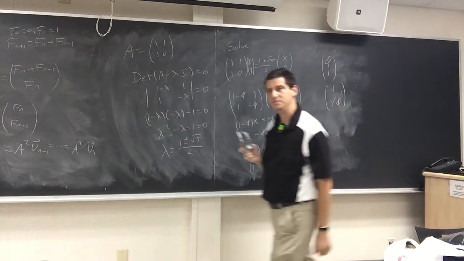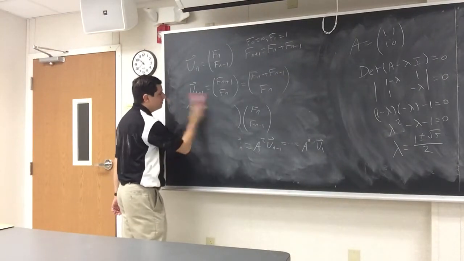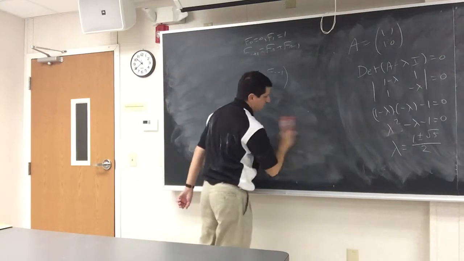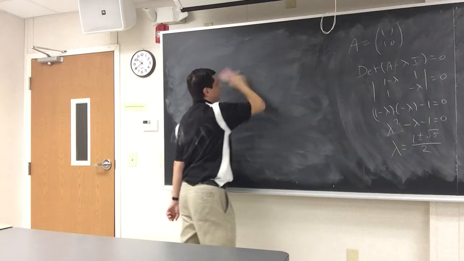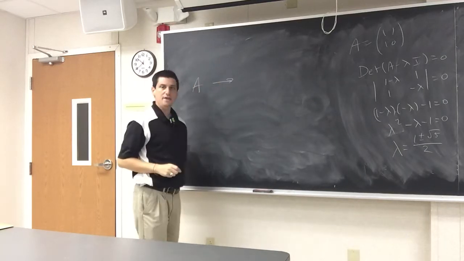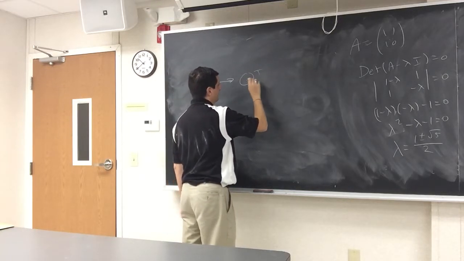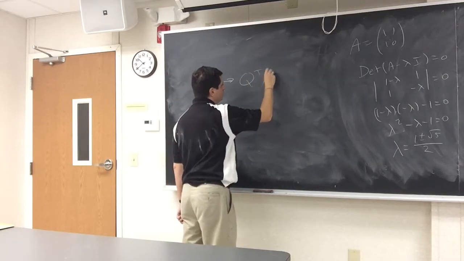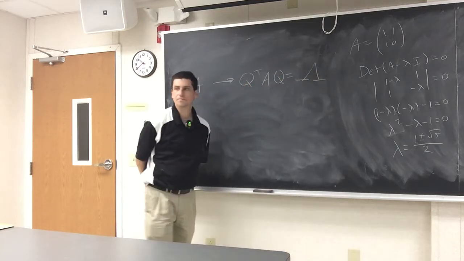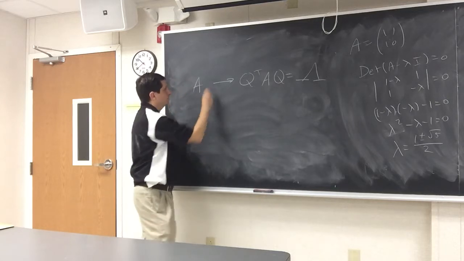OK, any questions about this? All right, so the last thing I want to talk about very, very briefly is the impact this has for random matrix theory. So we start off with the matrix A, and then by what we've shown, Q transpose AQ is some matrix like this, lambda, the matrix of eigenvalues, if A is real symmetric.